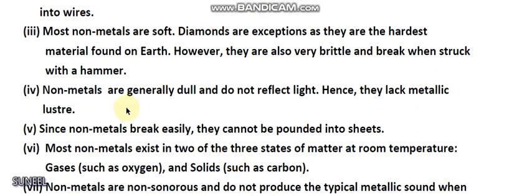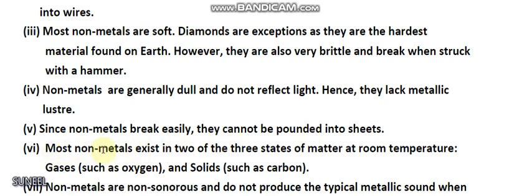Then non-metals are generally dull and do not reflect light. Hence, they lack metallic luster, means they do not have shiny appearance. Again here, graphite is an exception which has shiny appearance or which has luster. Since non-metals break easily, they cannot be pounded into sheets, means they are not malleable in nature.